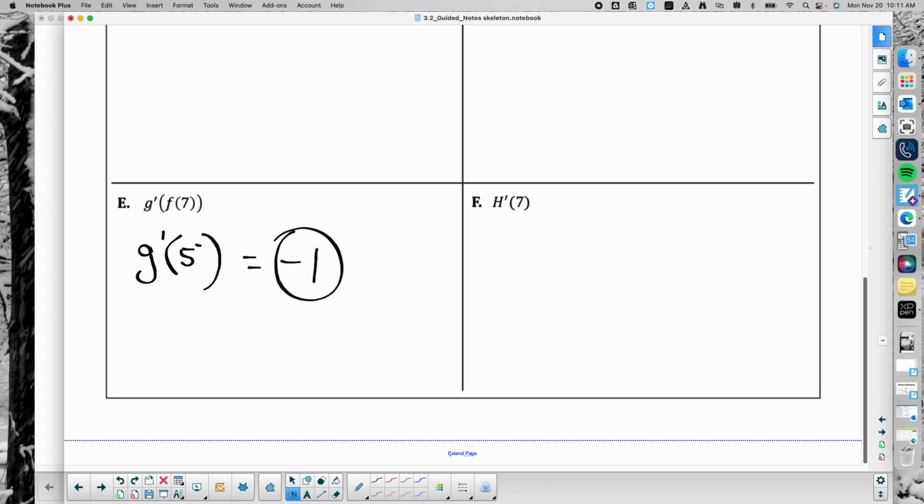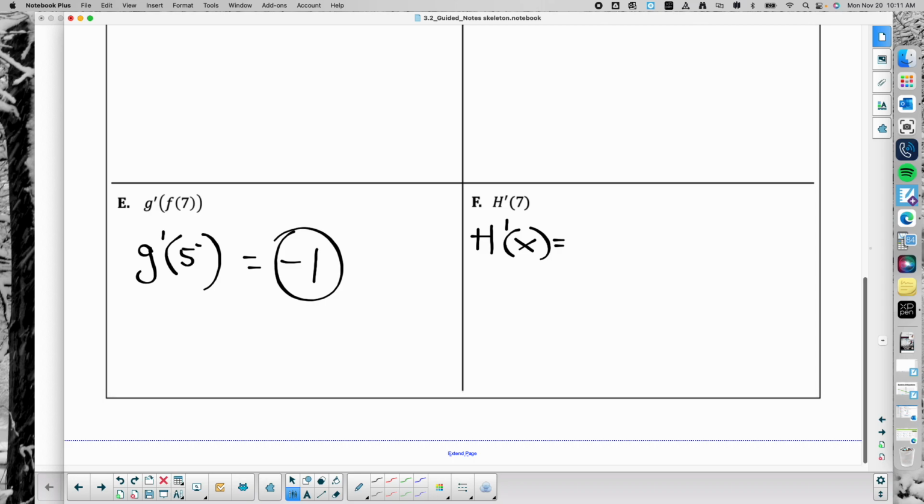Should we do it together, or do you feel like you know how to do it? I asked that badly. Do it together? It's because you were outside for a little bit. So we have to figure out h prime first before we plug a number in. Was it f of g of x?